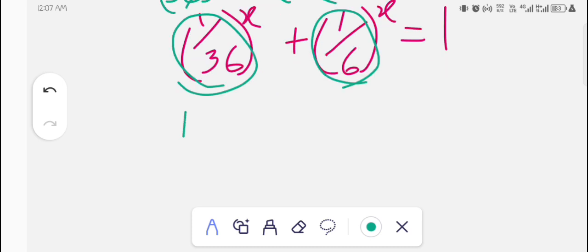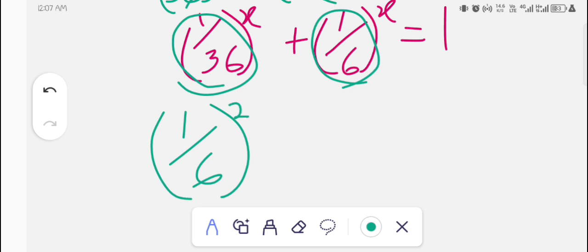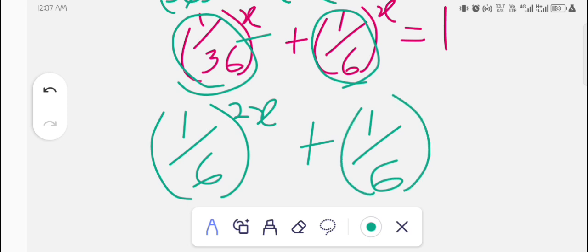So we have, this is the same thing as 1 upon 6 all squared, right? And this power of x here, we can introduce here as power x plus 1 upon 6 power x to be equal to 1. We are making progress here.